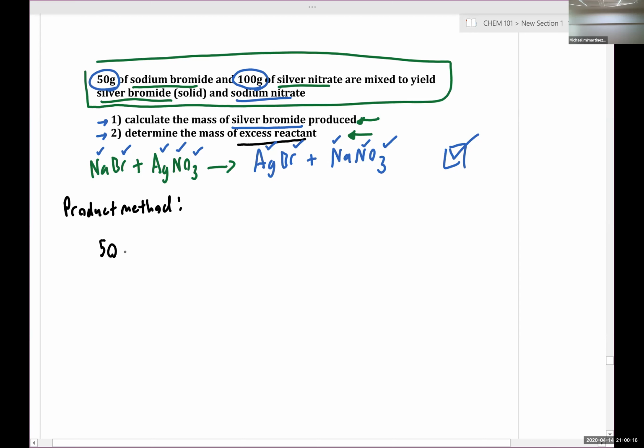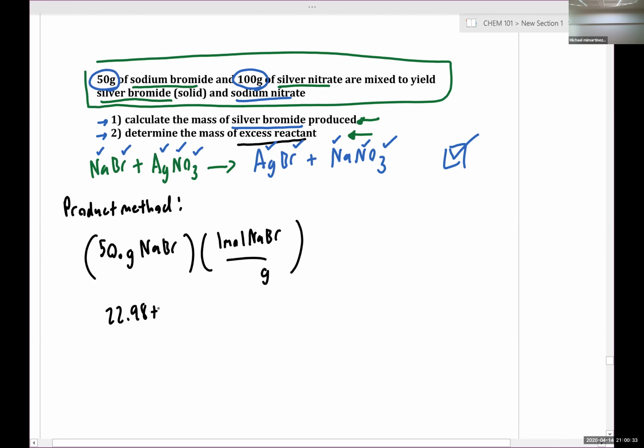So I have 50 grams of sodium bromide. And I know in 1 mole of sodium bromide, I have how many grams? For sodium, we have 22.98 plus bromine, which is 79.9.